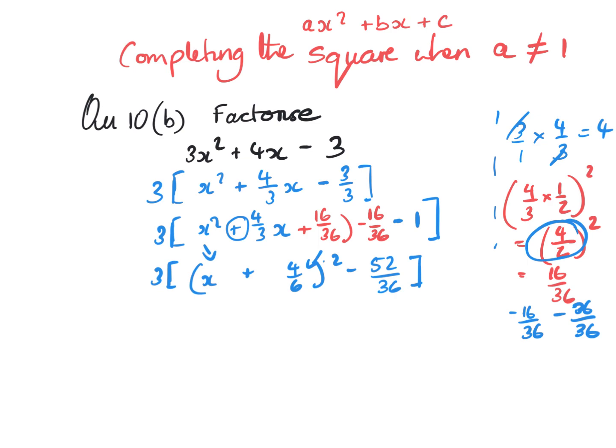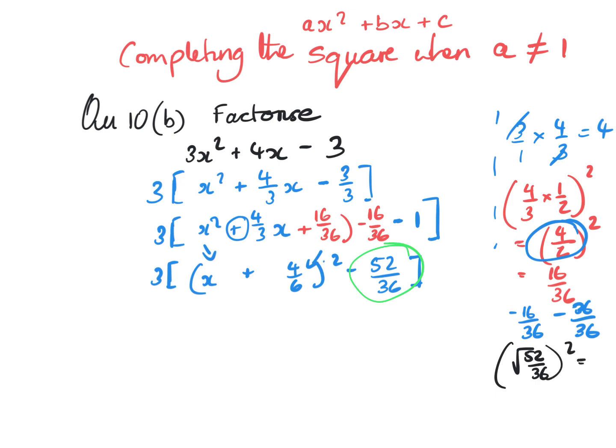Next step in the process, we're going to look at this term here and work out whether or not that is a perfect square. And it's not. 52 is not a perfect square. 36 is. So if I was going to do some work with that, you've got the square root of 52 on 36, all squared is what we want.